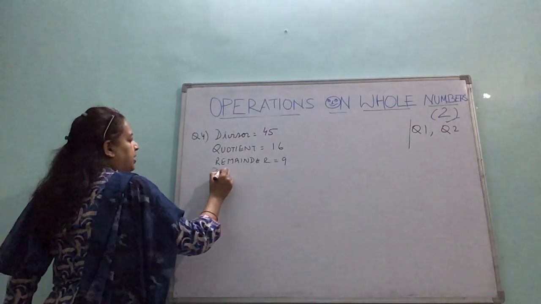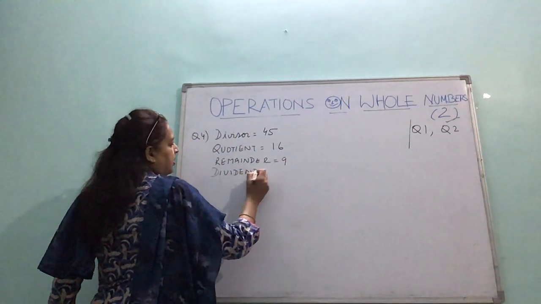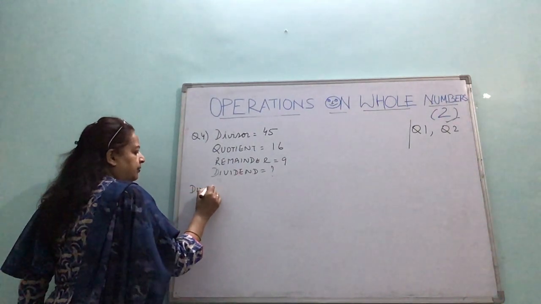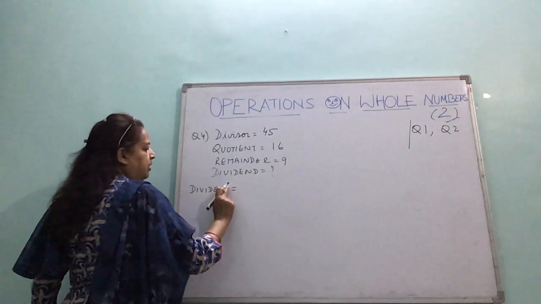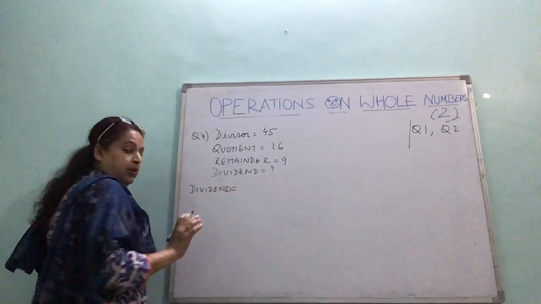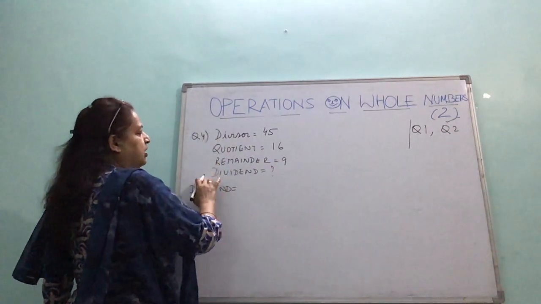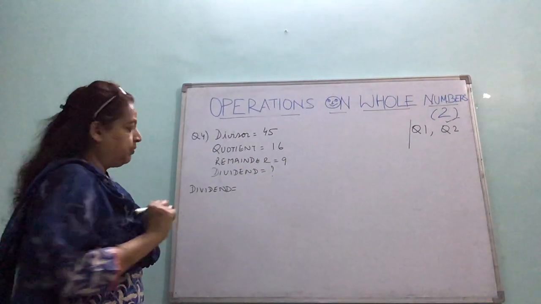We have to find dividend. Write the division algorithm first, because if it is a 2-mark question, you will get marks for writing the algorithm. So always write the algorithm. And this is how you copy down the information, always. So you'll be doing it the same way in your notebook also.